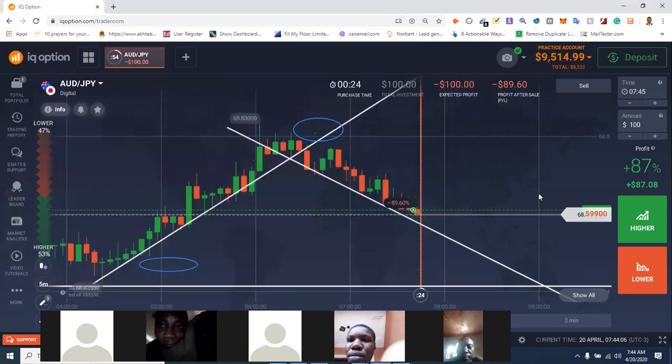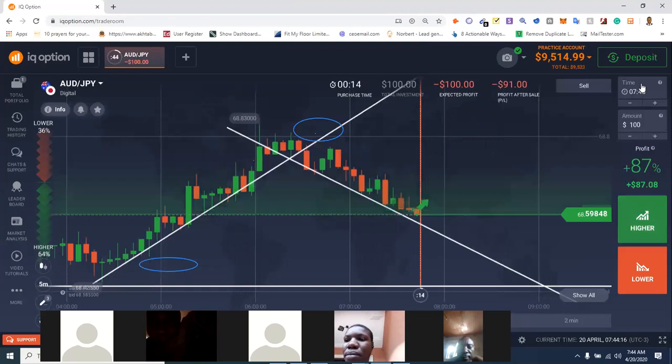So once this comes up, I go in for the first martingale. And don't forget the steps. You click plus first, you change your time second, your amount third, and you go in for the trade at 2 seconds.